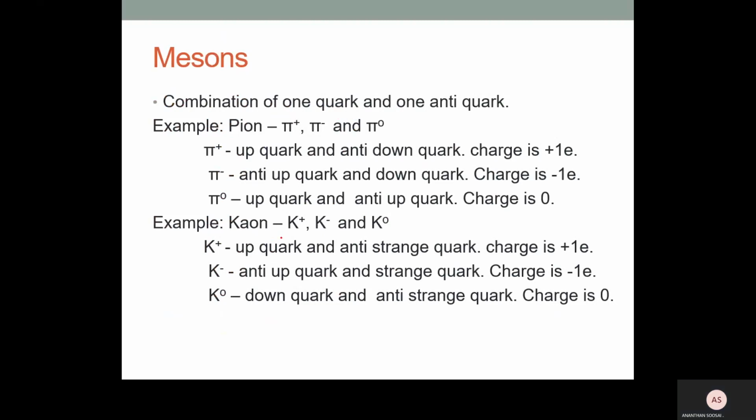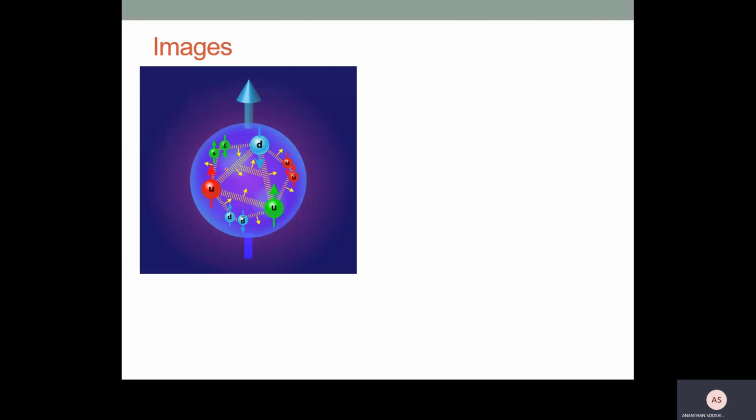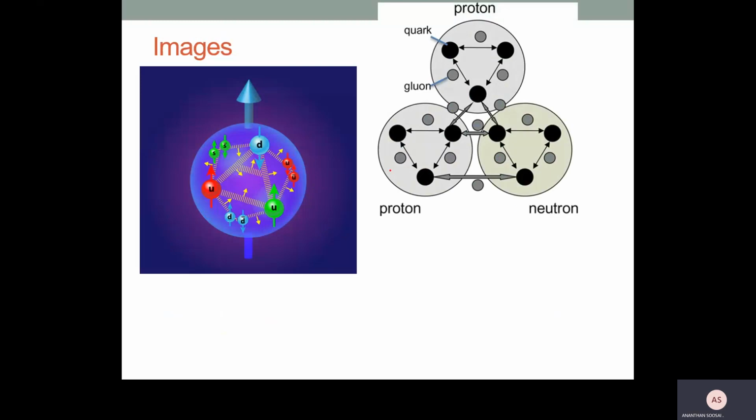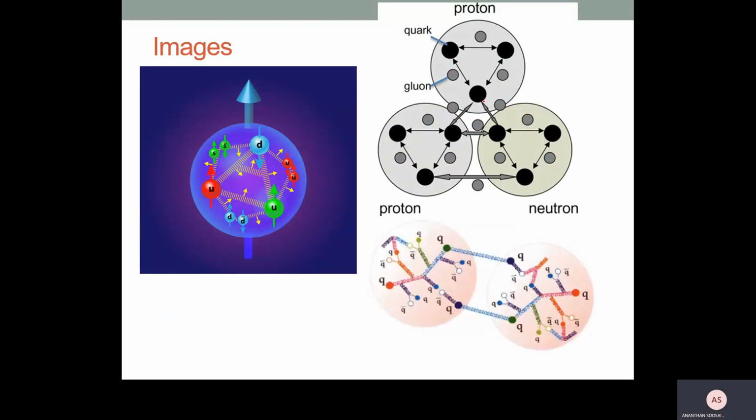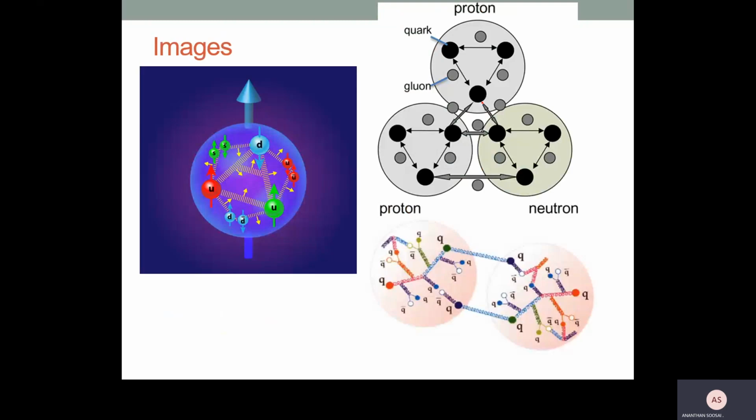For the time being, imagine proton, neutron, proton. The force between them is the strong nuclear force, but inside is the weak nuclear force. So that's all about this topic.